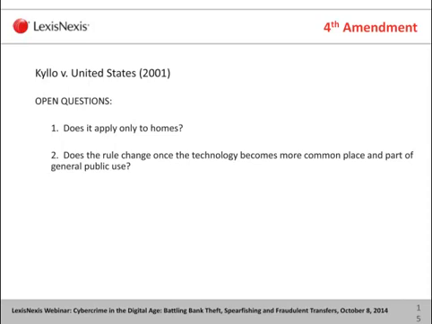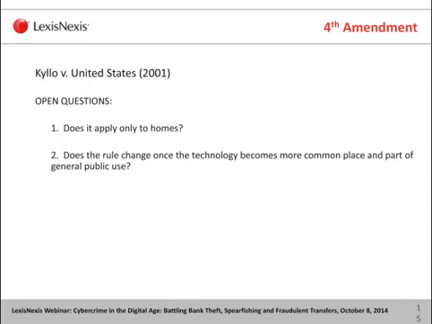Many of the things I'm going to talk about can still occur without the use of technology. For example, in looking at the heat emanating from this guy's house, they used a thermal imaging device. Well, the police could just sit outside your house and wait for the snow to come and see which part melts faster. So that's constitutional.